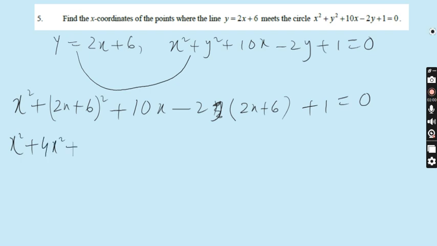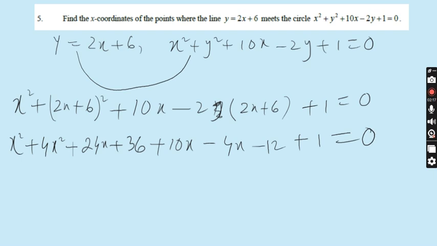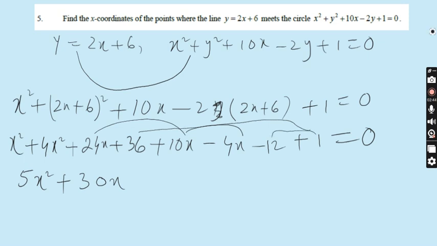So a squared plus 2ab, 2 fours are 8, 6 fours are 24x, plus 36, plus 10x minus 2 fours are 4x, 2 sixes are 12, plus 1 equals 0. x squared plus 4x squared is 5x squared, plus 24x plus 10, 34x minus 4, 30x, and 36 plus 1 is 37, 37 minus 12 is plus 25 equals 0.